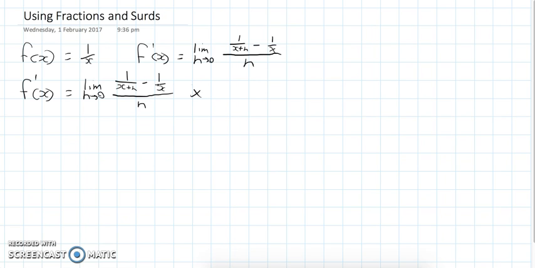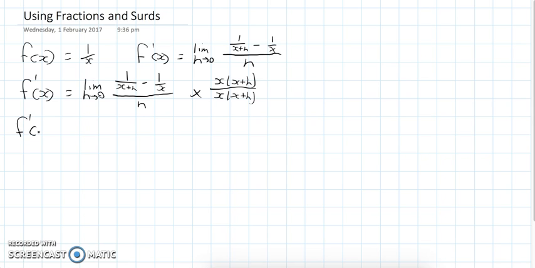Multiply all of this by our lowest common denominator, which in this case is going to be x plus h, x plus h. Now we're going to do this multiplication on just the top bit for the moment, and eventually, part of it will come down here. So let's go through.